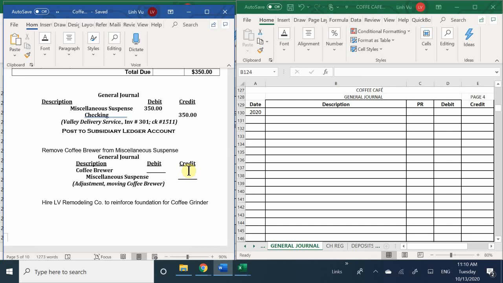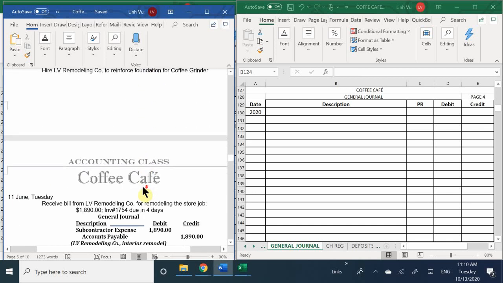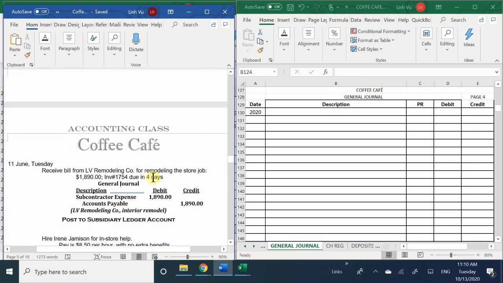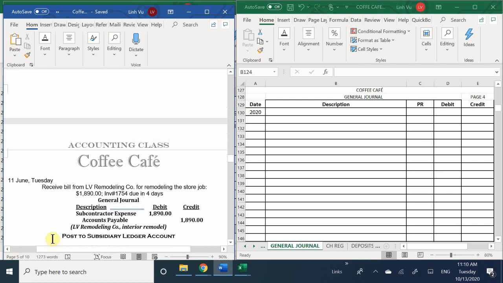Hired LV Remodeling Company to reinforce the foundation for the coffee grinder. So we're going to have LV Remodeling do the foundation for the coffee grinder. Now, do we need to record this transaction? No, nothing happened. We just hired them. Let's complete this last transaction here, and then we'll call it a day.